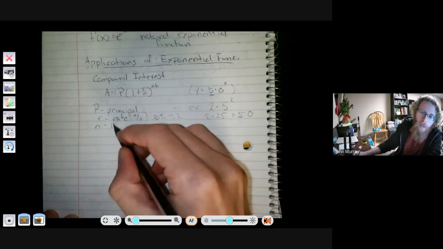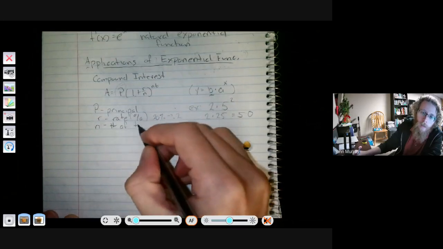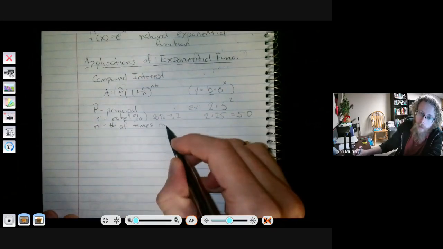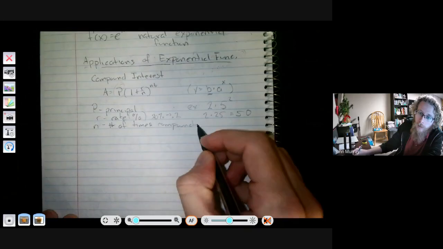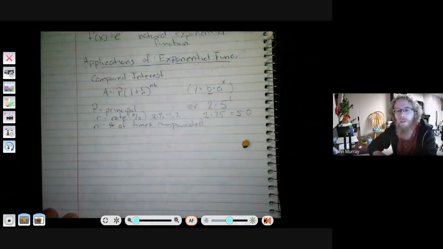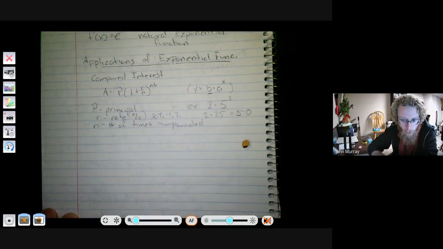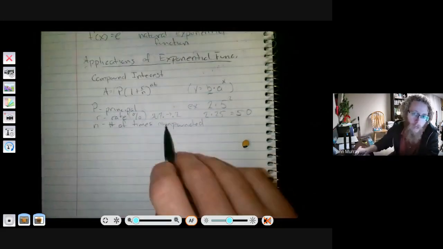N is very specific to this problem because it's the number of times compounded. What that means is, so let's say I'm borrowing money. Depending on what plan I use, or however I borrow the money, they add on interest in different ways, okay?